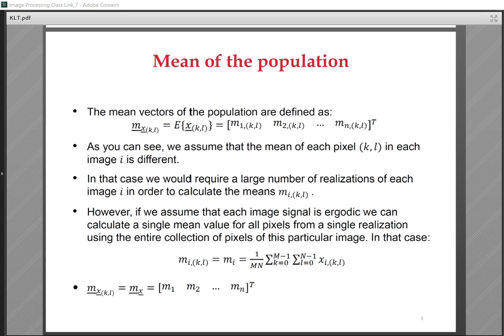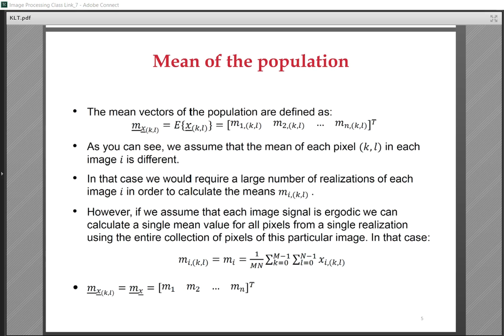If we assume that each image signal is ergodic, we can calculate a single mean value for all pixels from a single realization, or from a single image, or from one spectral band, using the entire collection of pixels of this particular image.